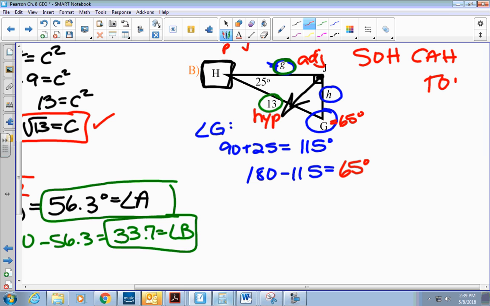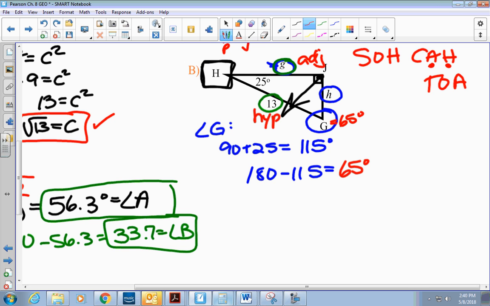Adjacent and hypotenuse is A for adjacent, H for hypotenuse.